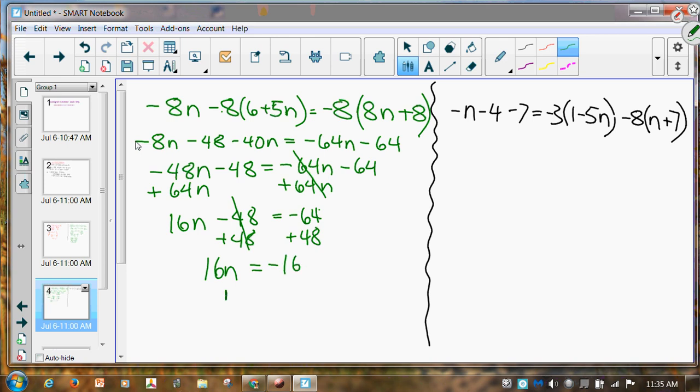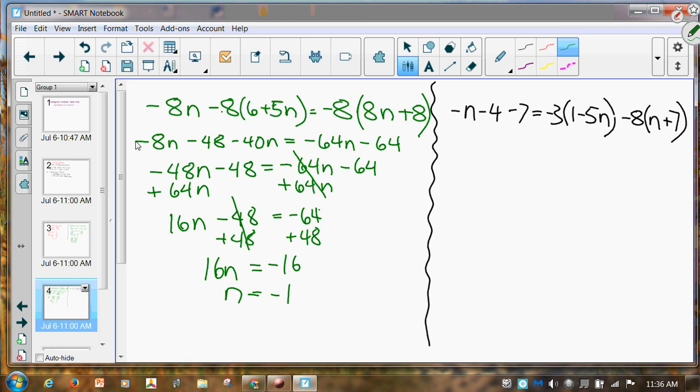And we're left with n equals minus 1. Now I want you to notice that what started out as a fairly complicated problem ended up with a very, very simple answer. If you just stay methodical about one step at a time, and don't try to leap to too many things at once, you will work out with an answer that will be good.